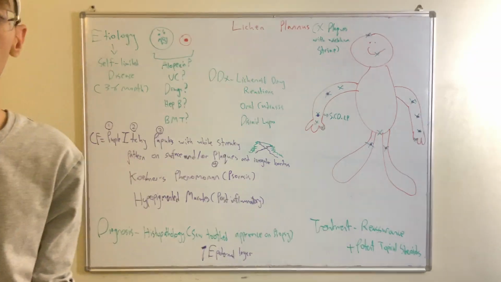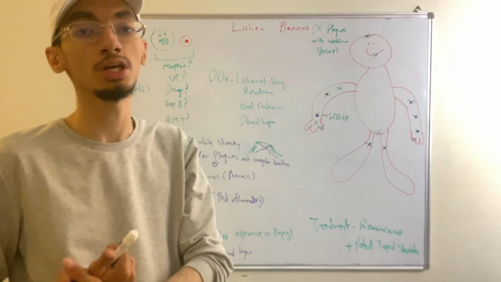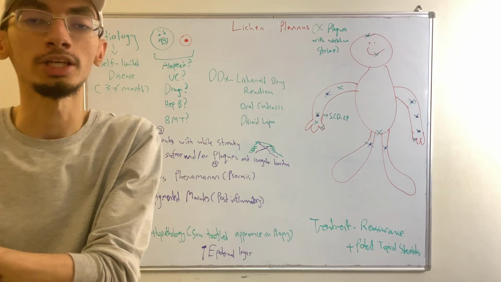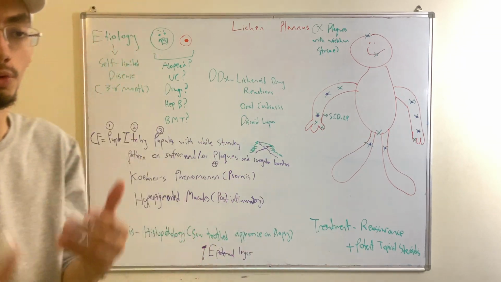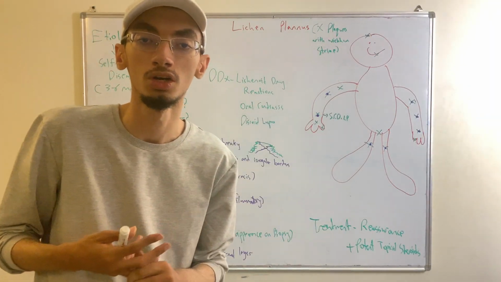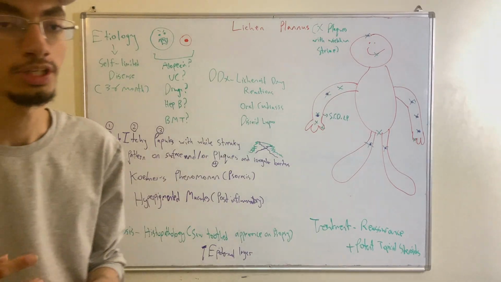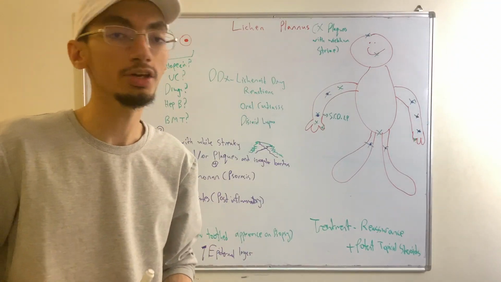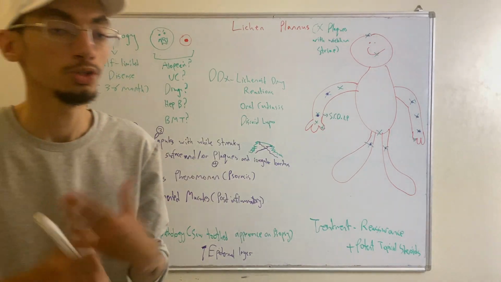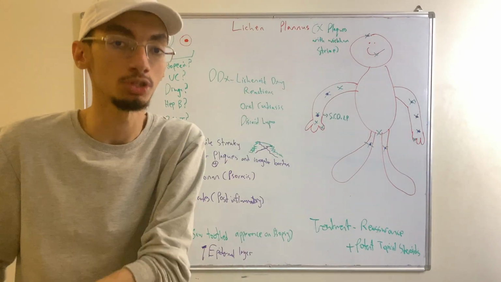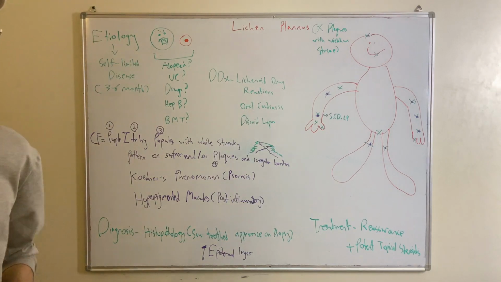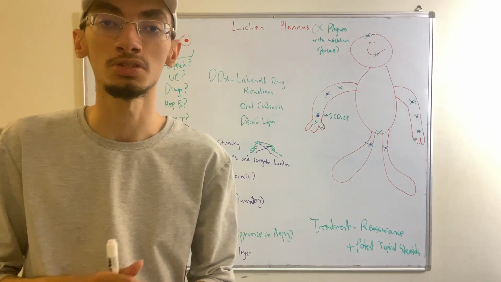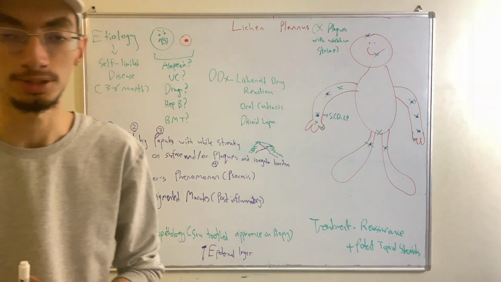But it still requires follow-up with dermatologists because there are some complications, especially with many variants of lichen planus, such as ulcerative types, where they can cause squamous cell carcinoma, or they can cause alopecia, or they can cause loss of nails, for example. So you might still require a follow-up with a dermatologist, but overall the prognosis is good because it's a self-limited disease that can resolve itself within 3 to 6 months, regarding the lesion at hand.